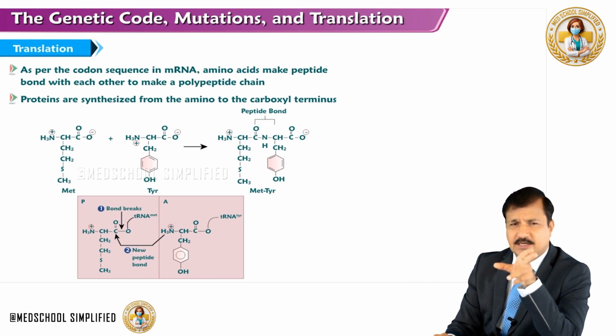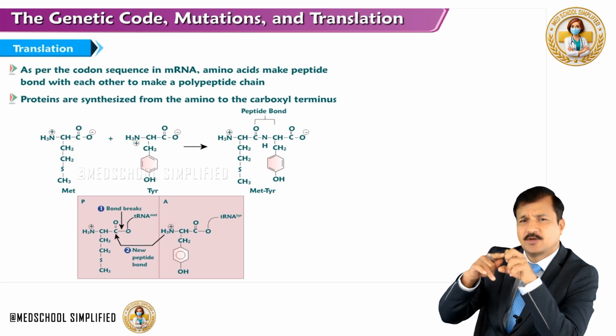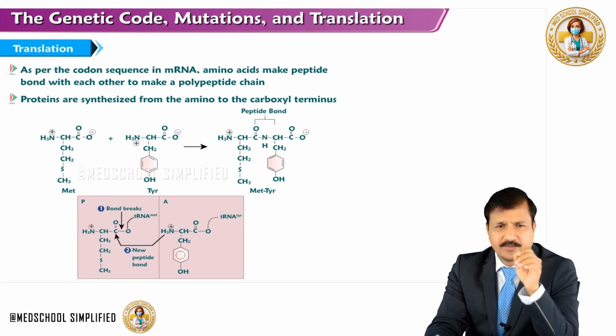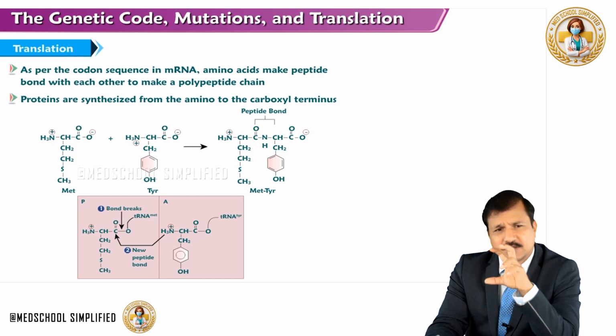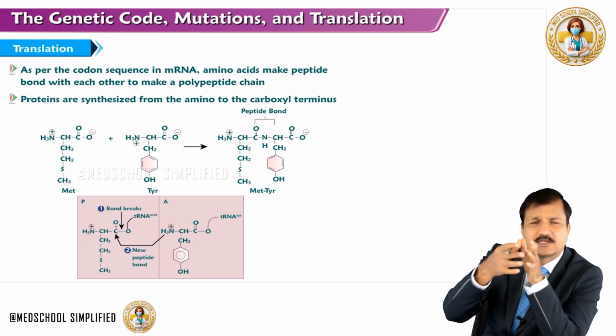So, the P site amino acid carboxyl group and the A site amino acid amino group participate in the peptide bond formation. Notice that the peptide bond forms between the carboxyl group of the growing peptide in the P site and the amino group of the next, incoming amino acid in the A site.